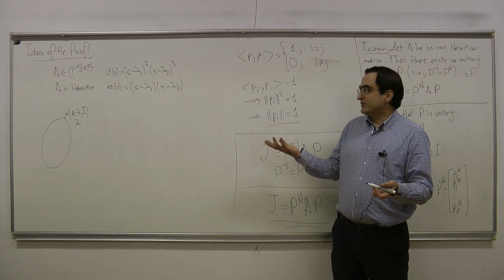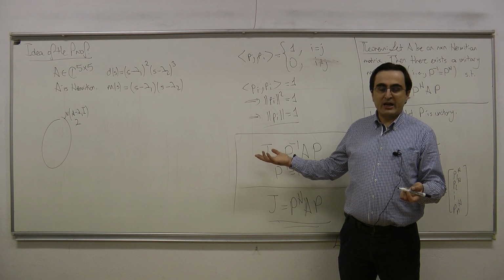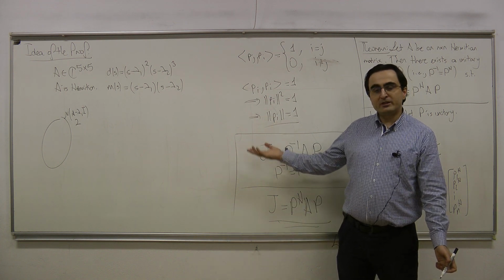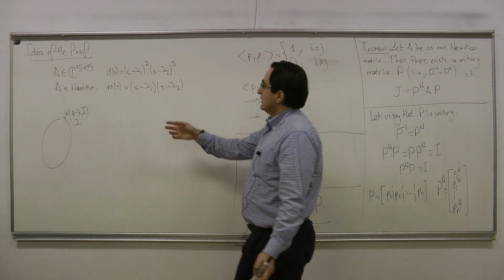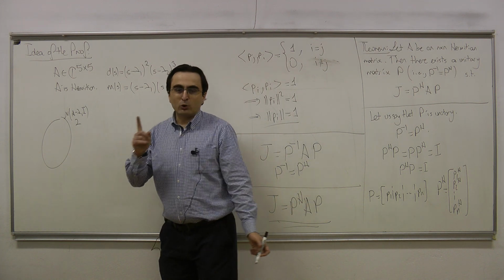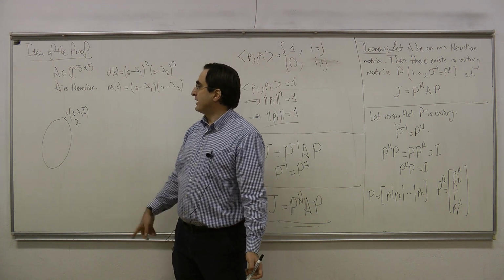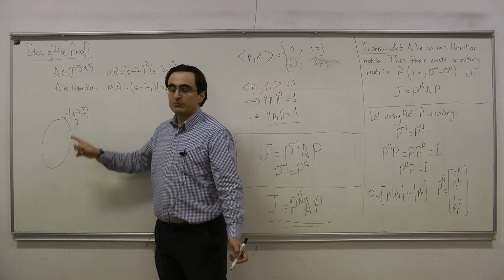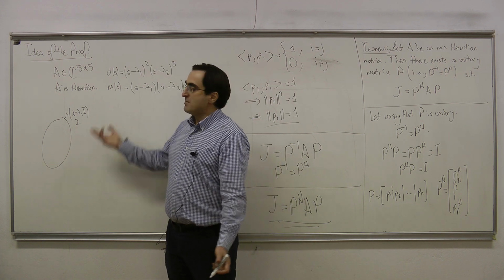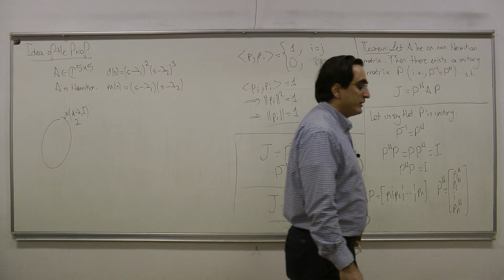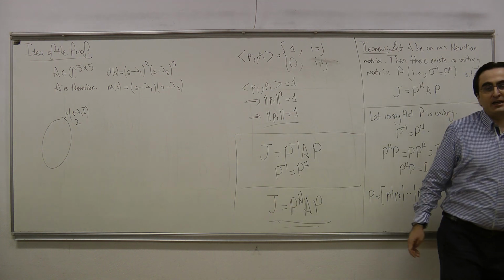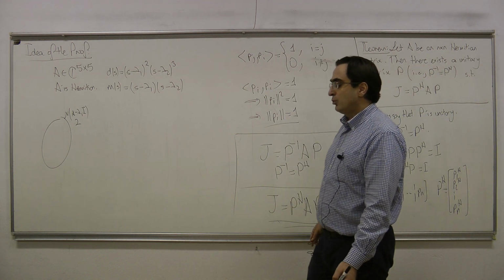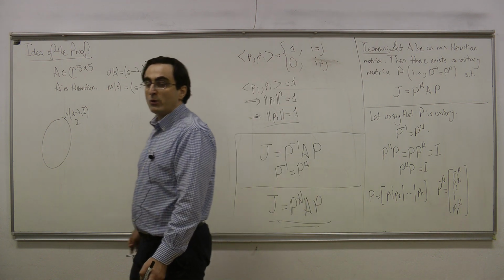Remember how many Jordan blocks we had and what would be their sizes. In this case, the size of the Jordan blocks would be all 1 for a Hermitian matrix, and I would have 2 Jordan blocks. Remember, for a Hermitian matrix, for each eigenvalue lambda I would have r_i Jordan blocks with size equal to 1.